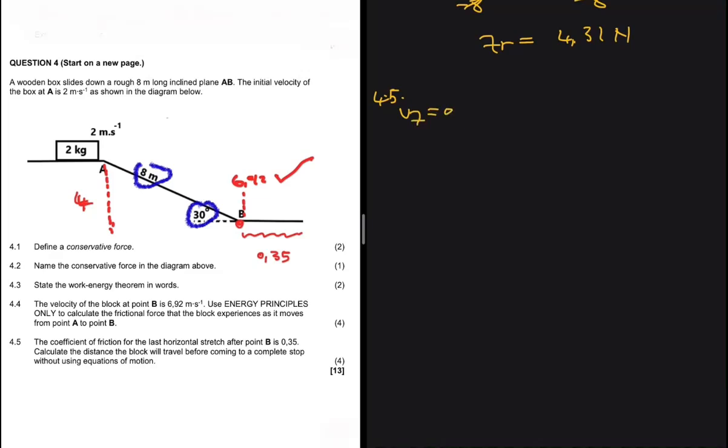But that's not all we have. We also know that VI is equal to 6.92 meters per second for that part of the motion. Yes, it was VF from point A to B, but from point B to a complete stop, it is now VI. And then what else do we have? We have the coefficient, which is equal to 0.35.